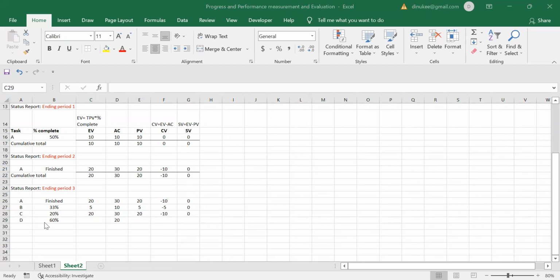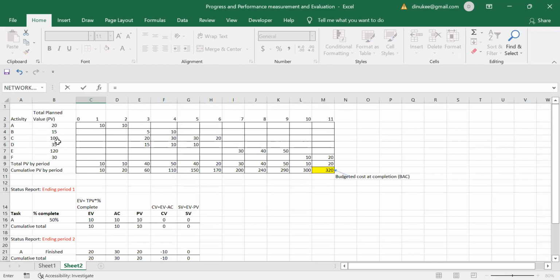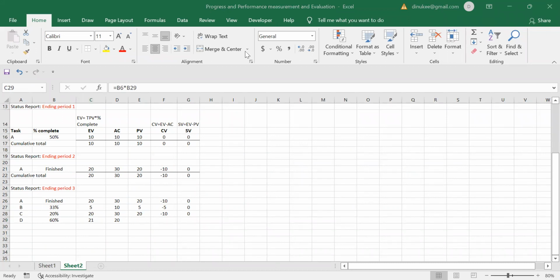The activity D is completed 60%. So in calculating the earned value, you have to take the total planned value, and from that take the percentage completed. That means 21, right? Very good. The actual cost is given.